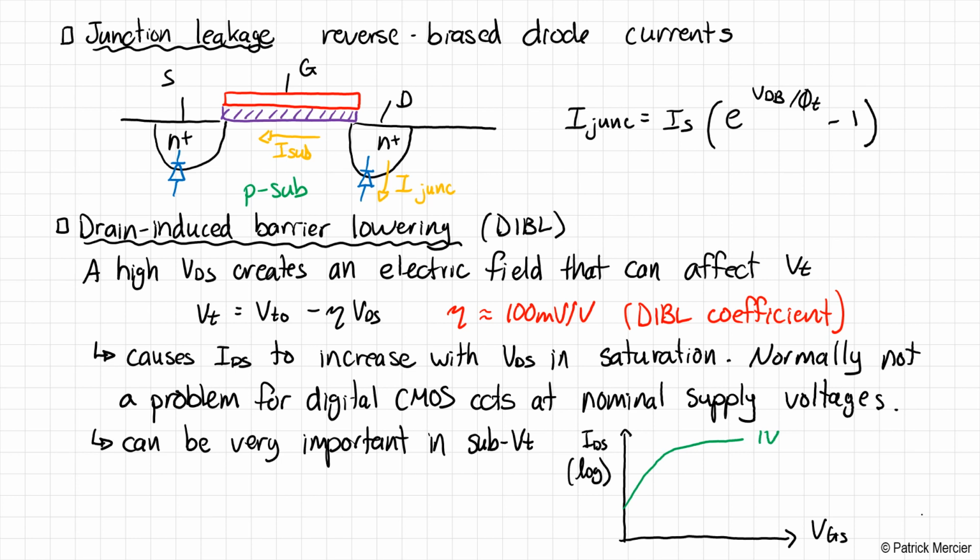Now, if VDS happens to change, and therefore we get a change in the threshold voltage, then the threshold voltage will lower as VDS increases. And so as a result, this might change how this plot actually looks. Okay, and because we're in a log scale, this could be orders of magnitude. So you really do have to be careful about what this might look like in terms of subthreshold.